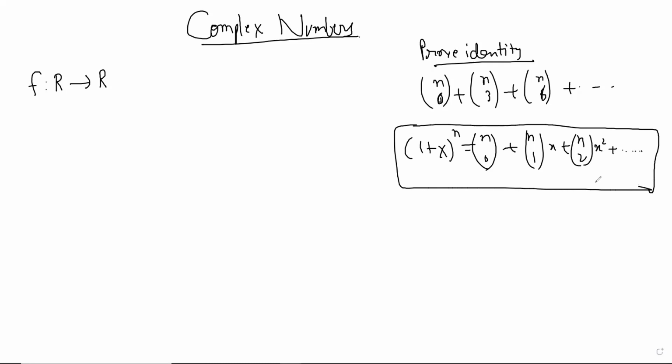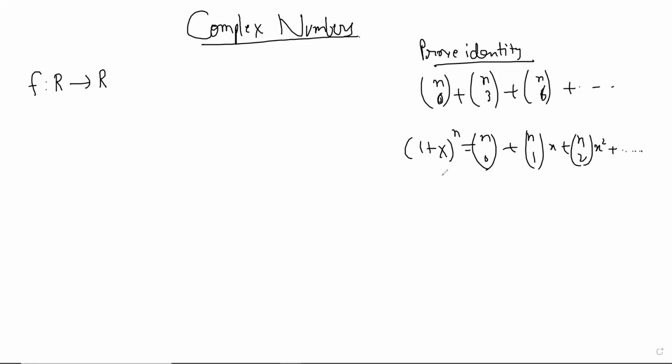But still, we benefit from substituting x equal to omega. If you don't know what that is, it's fine, it's just a third root of unity, but at least let's say x equal to I.